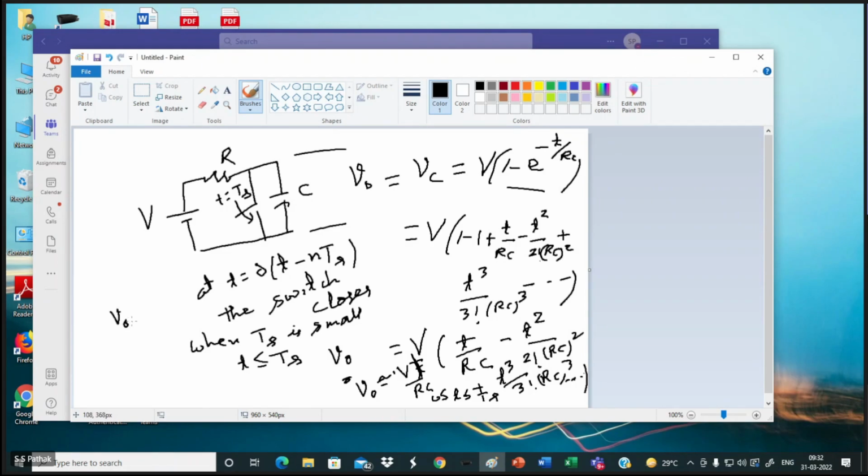V naught maximum, that is nothing but my Vs, is small. The magnitude of the sweep Vs is very small, only then can we apply this.